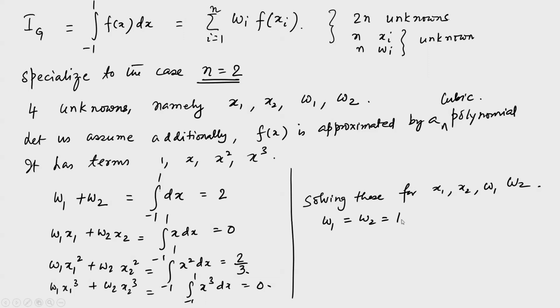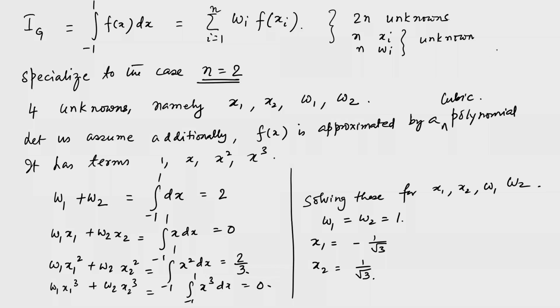So, the weights are 1. However, x1 equal to minus 1 over root 3 and x2 equal to plus 1 over root 3. So, you see the sampling points now change from minus 1 to plus 1, to minus 1 by root 3 to plus 1 by root 3.